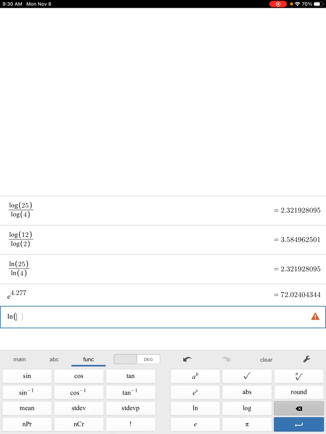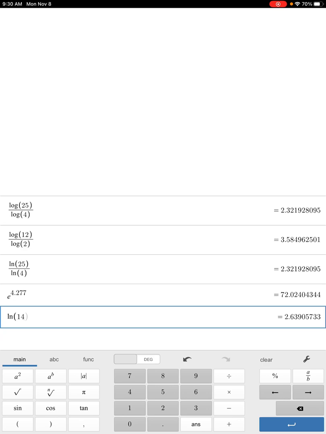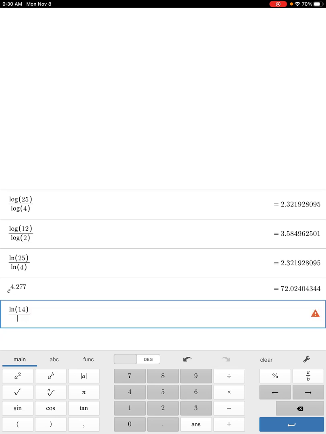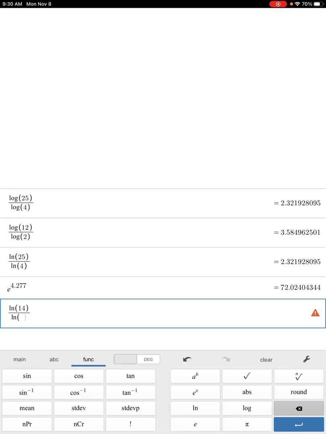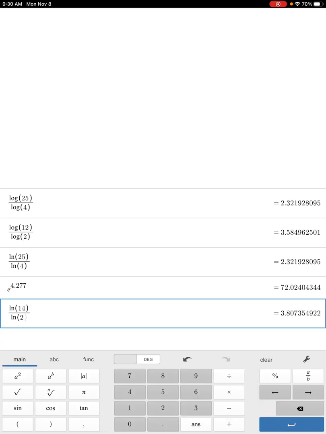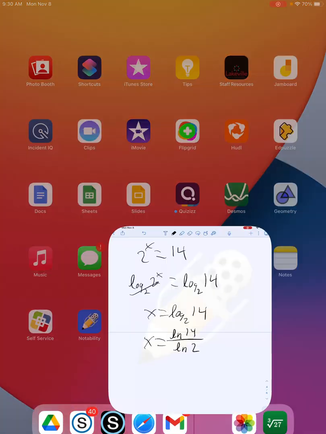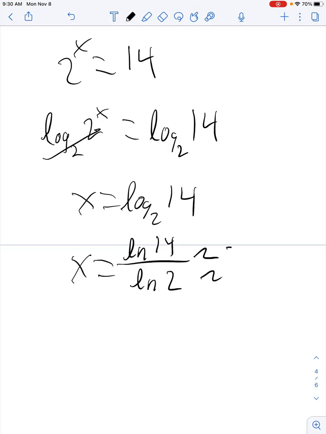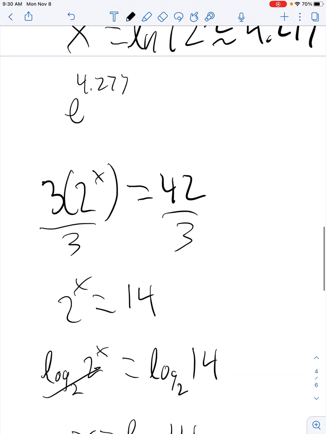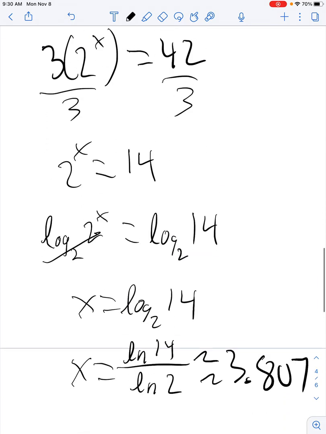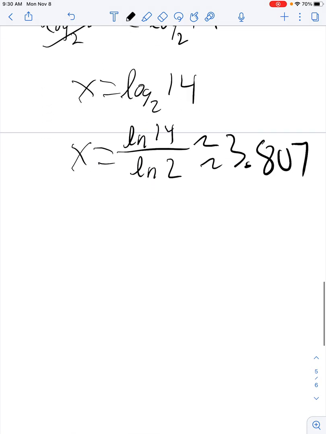I go to my functions: ln of 14 divided by natural log of 2, and I'm going to get approximately 3.807. I could double check this by plugging it back into my original equation, and I should get an answer pretty close to 42.